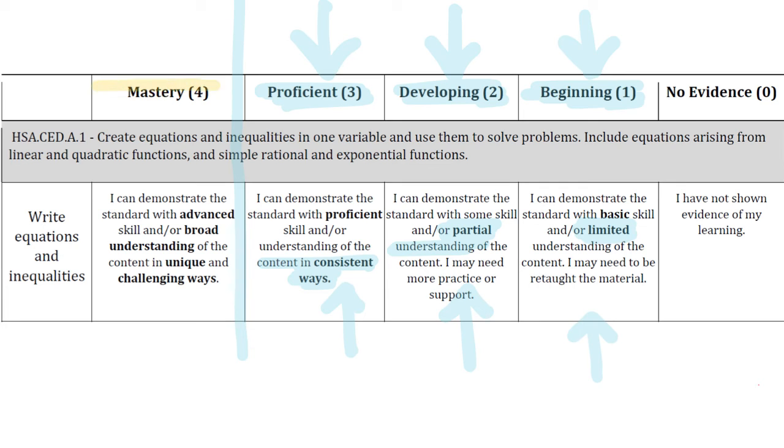So let's talk about this level 4 or this mastery column right here. In the wording, we're looking at demonstrating with advanced skill, broad understanding, and the biggest thing we're looking for, unique and challenging ways. So the unique and challenging way is going to be question 4.